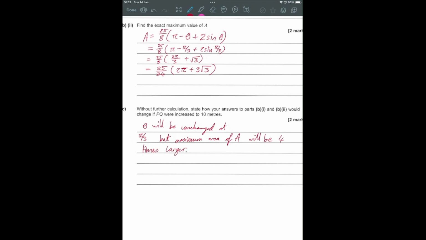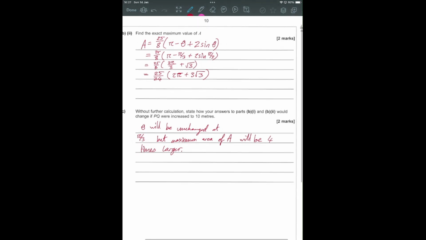If I scale up the whole picture by 2, the area gets 4 times as large. State how they will be changed. I don't need to recalculate the new A. It just says state how they will change. I've told you how they would change.